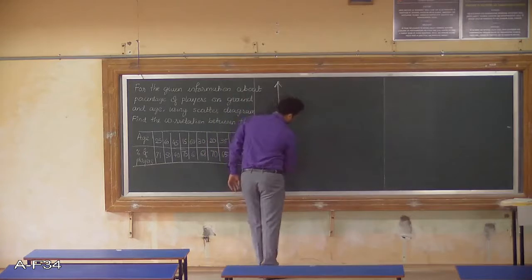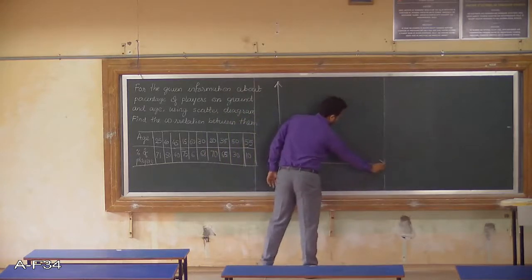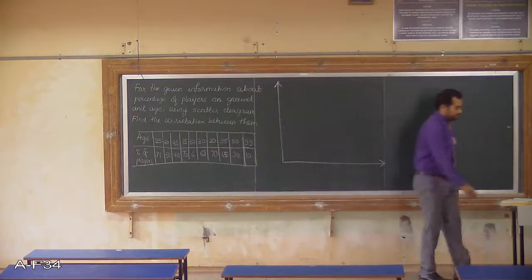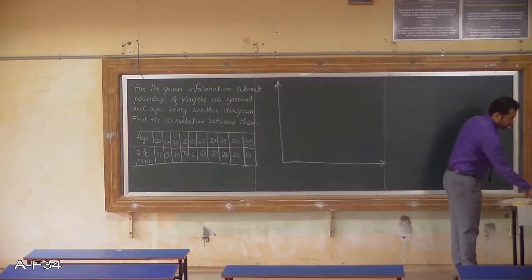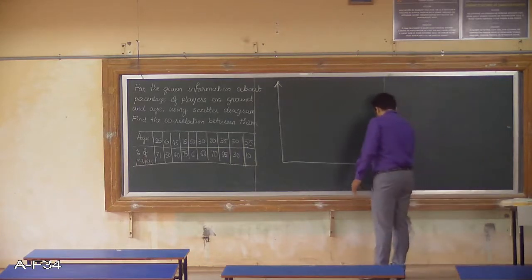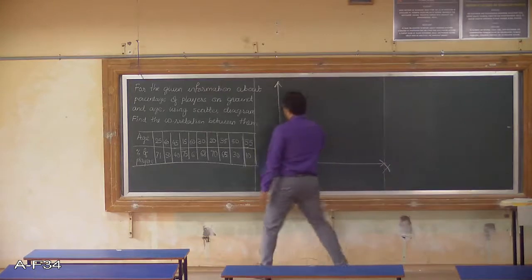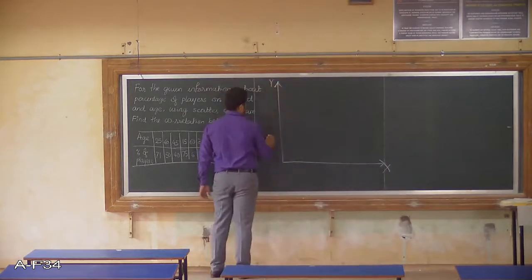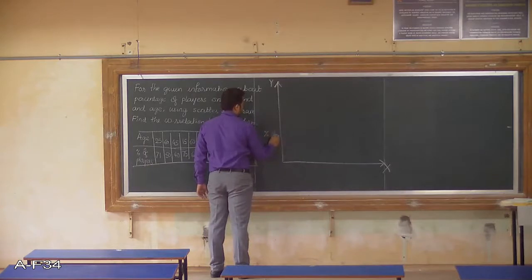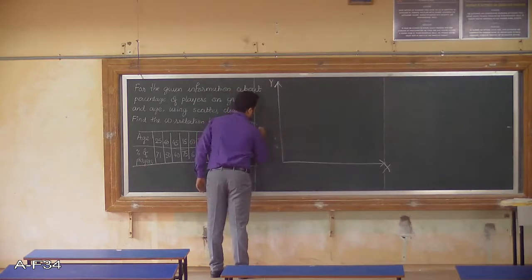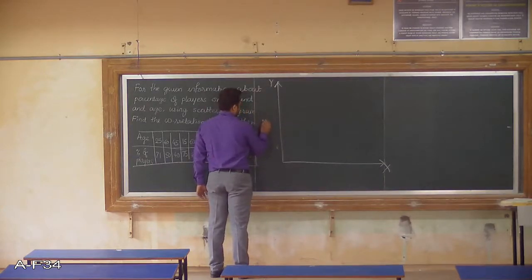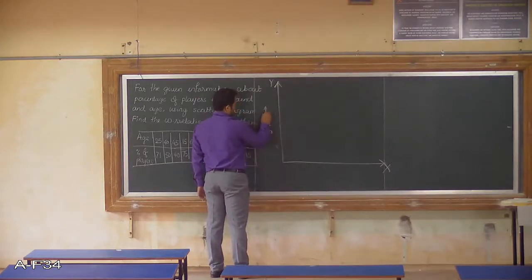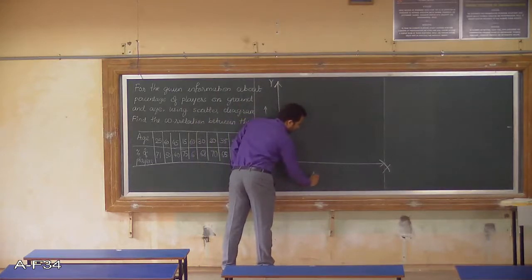Two axes. So the y-axis is my percentage of players, and the x-axis would be the age of players.